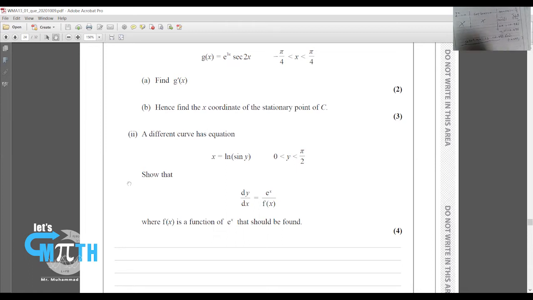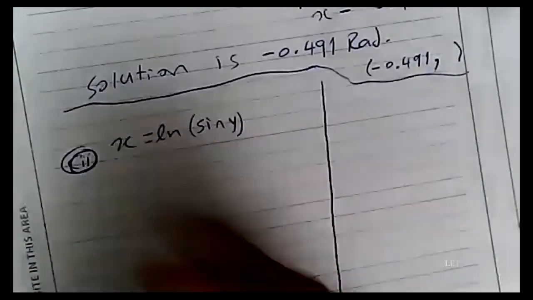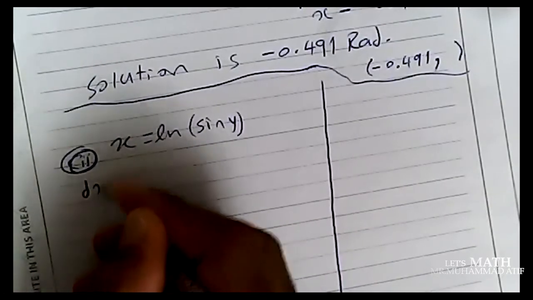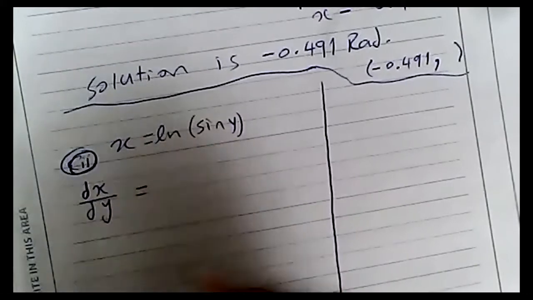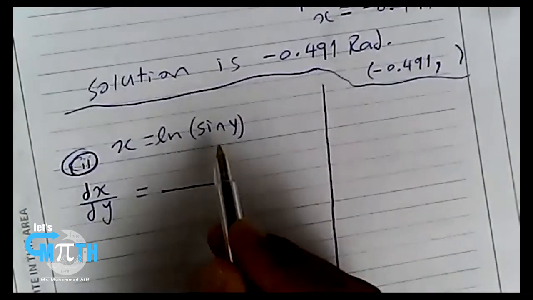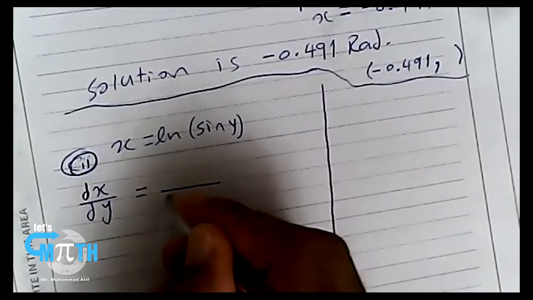In order to solve this, as x equals ln of sine y, look here, you can find dx dy, that equals, as we said previously, by the rule of the derivative of ln, sine y in the denominator and cosine y in the numerator.